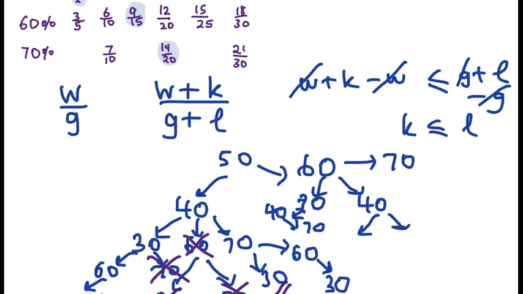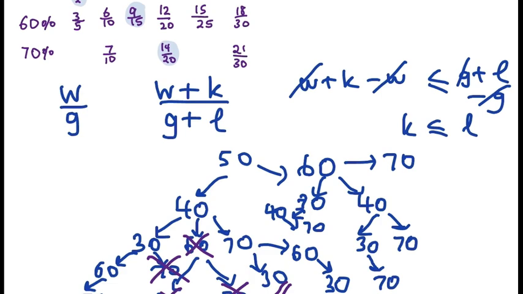From here, you could go to 30 or 70. 4/10 to 6/20. Yeah, that does work. And then from 6/20 to 21/30.